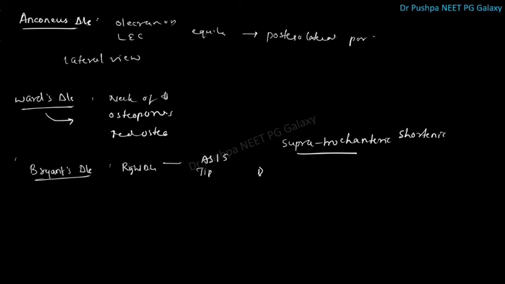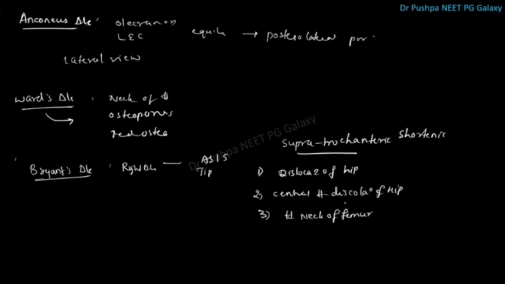It is seen in dislocation of hip, central fracture dislocation of hip, fracture neck of femur, destruction of head or acetabulum or both, coxa vara deformity of hip, and malunited intertrochanteric fracture.